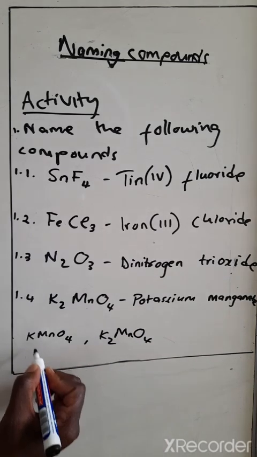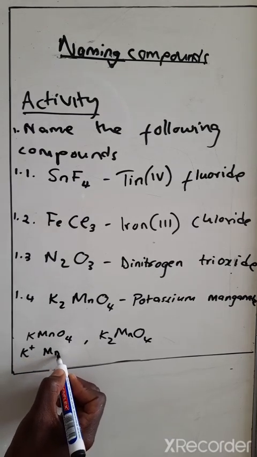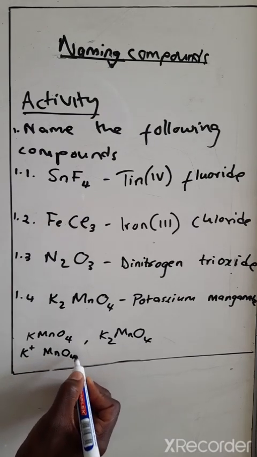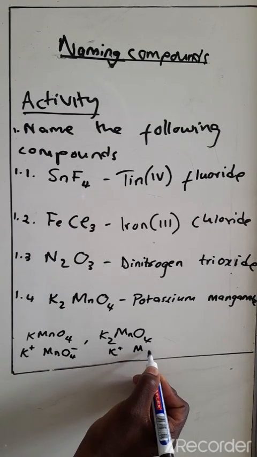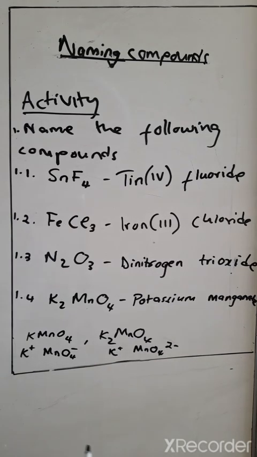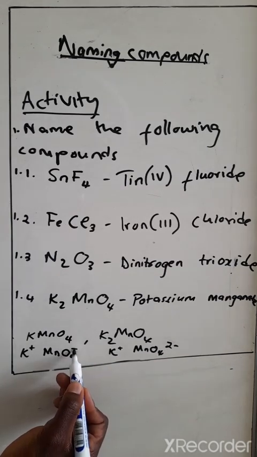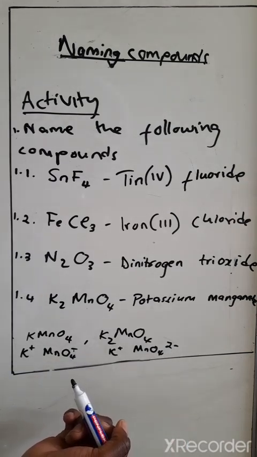This one is obviously potassium permanganate, and this one is potassium manganate. You can see the difference. Permanganate is -1 and manganate is -2.